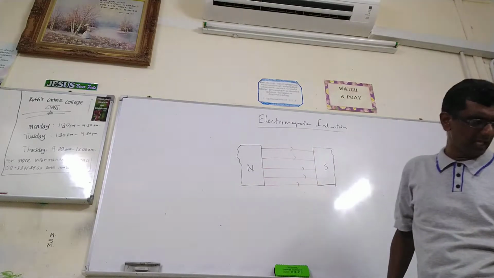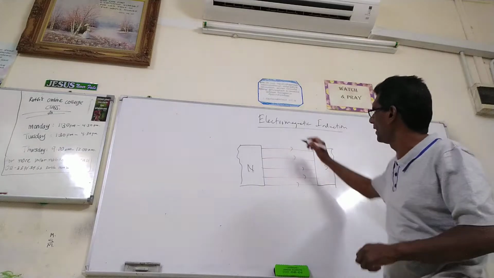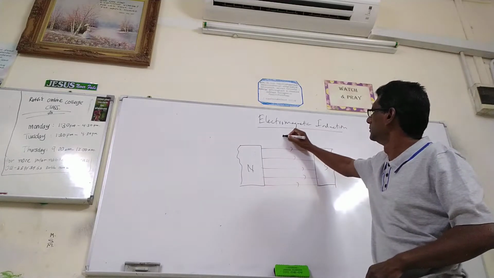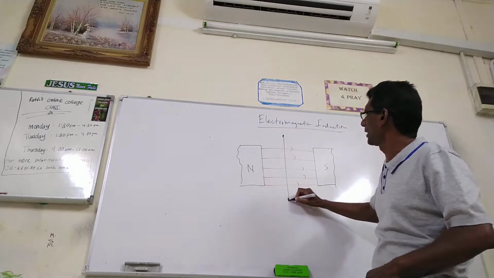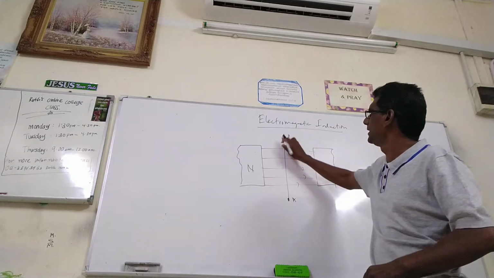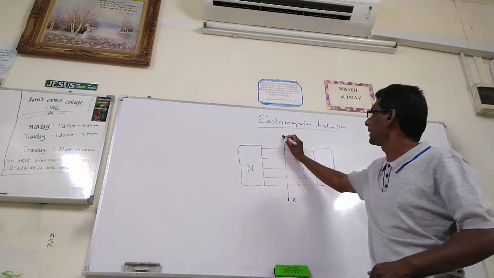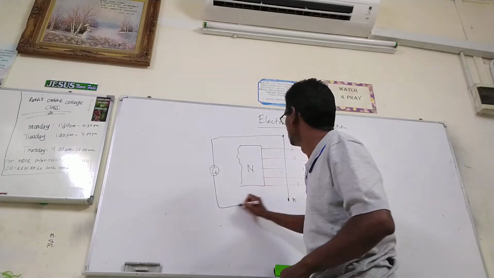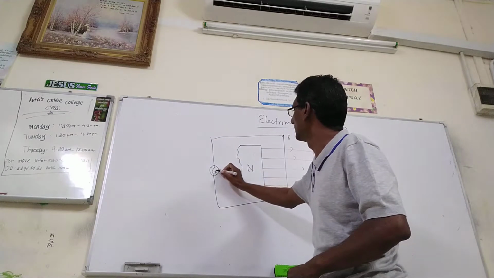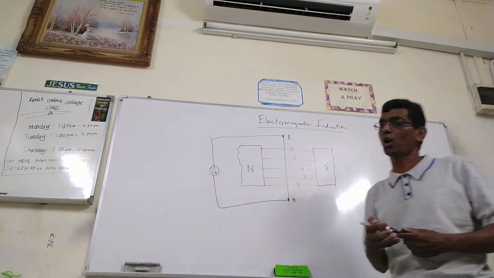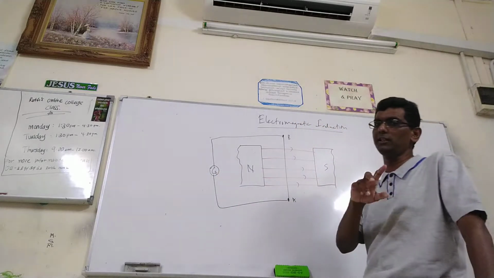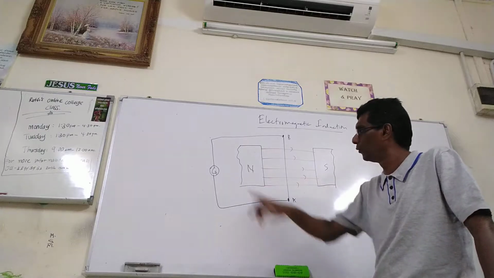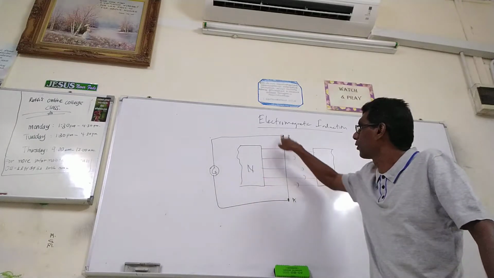Okay, this one we call the conductor AB. This conductor AB is connected with a galvanometer. Normally in 3.2 we learned a battery and the conductor AB.